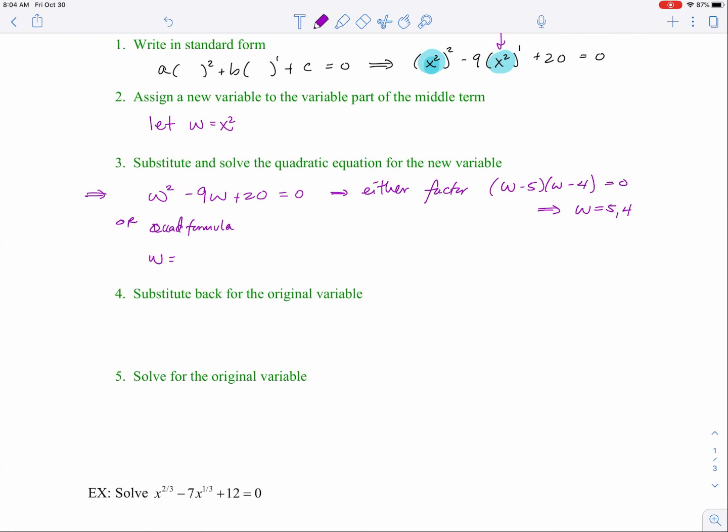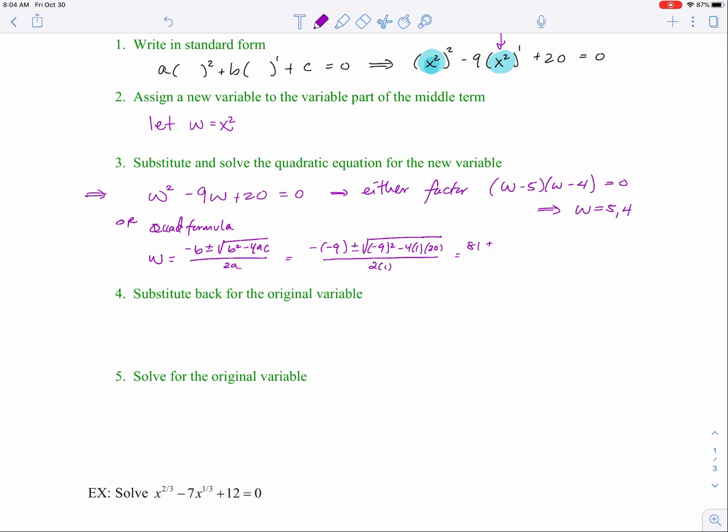So here, w is equal to, let me write out the quadratic formula first: negative b plus or minus the square root of b squared minus 4ac all over 2a, which in this case is negative of negative 9, plus or minus the square root of negative 9 squared minus 4 times 1 times 20, all over 2 times 1.